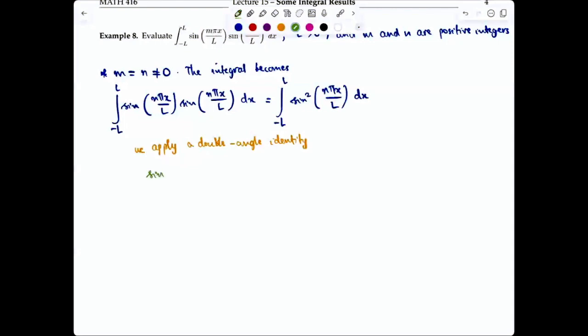Sine squared of theta is equal to 1/2 times 1 minus cosine of 2 theta, and cosine squared of theta is equal to 1/2 times 1 plus cosine of 2 theta. We're going to apply sine squared of theta in this case. Again, sine squared of theta is equal to 1/2 times 1 minus cosine of 2 theta.